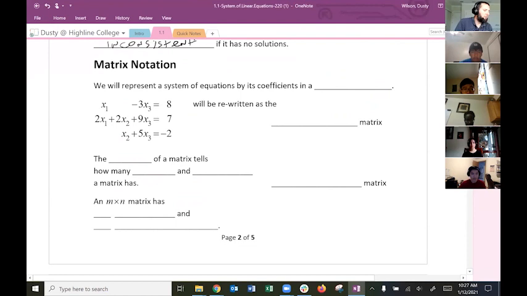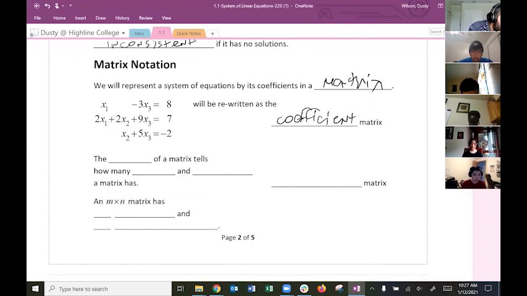We will represent a system of equations by its coefficients in a matrix. And so this system that we have here will be rewritten as what's called a coefficient matrix. There's different types of matrices that are here. But in this particular case, we will have a coefficient matrix. And so from here, I'm just going to focus in on the side with the x's to start with.